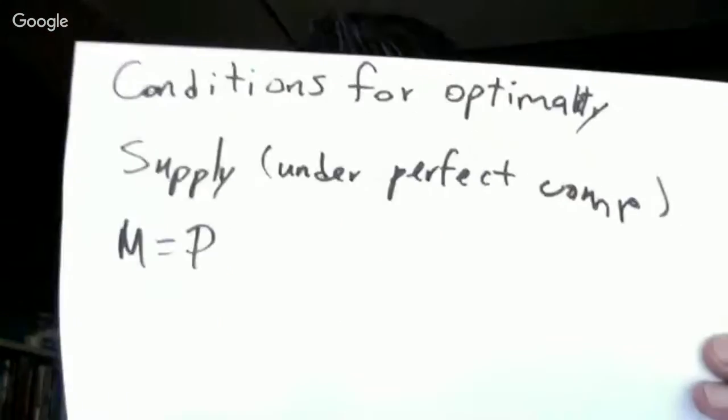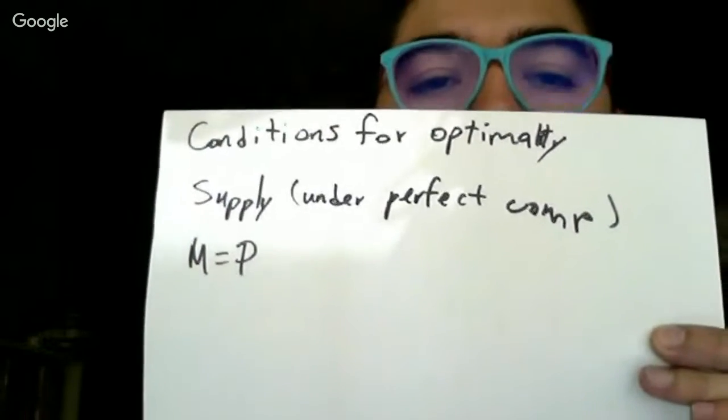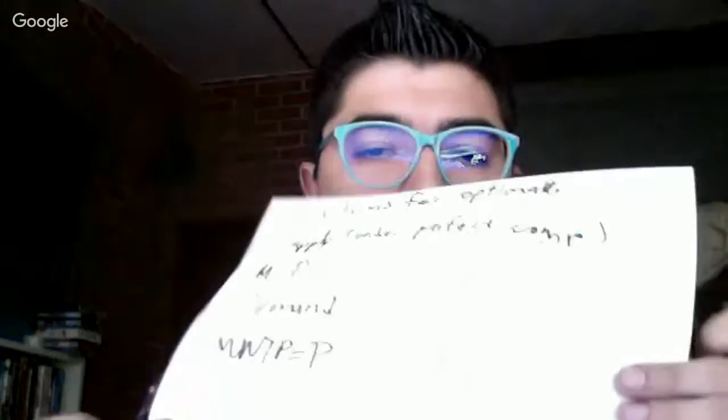On the supply side, under perfect competition, MC has to be equal to P. On the demand side, marginal willingness to pay has to equal P.